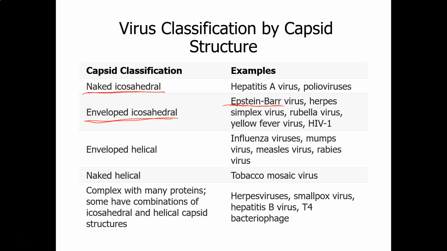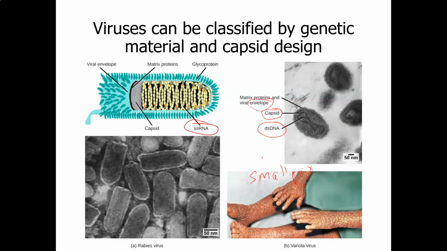Then there are enveloped helical viruses. Influenza, which causes the flu, the mumps, the measles, the rabies. Let's go back to that rabies virus. Okay, so in here, a helix looks like that, kind of like DNA, right?